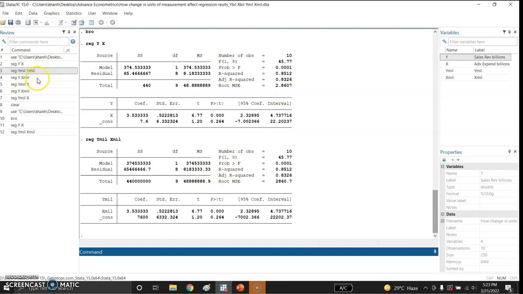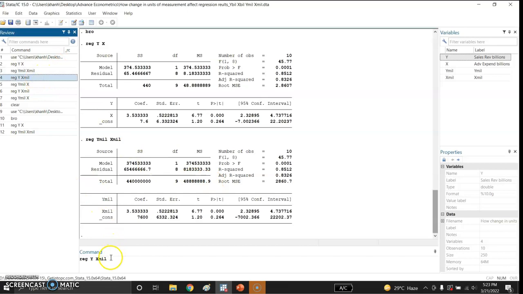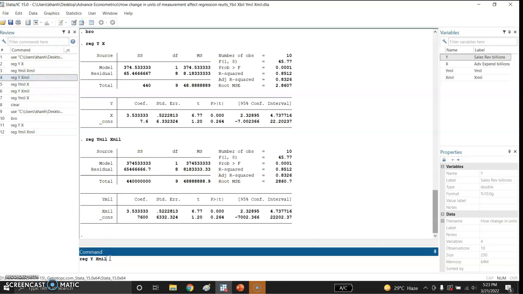Now in the third regression, I will regress y, which is in billions, on x in millions, and here is the result. Now this time the intercept term and its standard error remain the same, whereas the coefficient and its standard error are 1 divided by 1000 of its values in regression number 1.